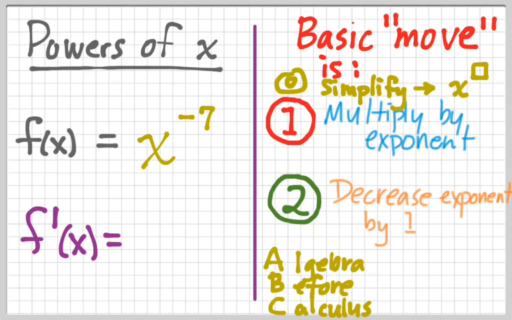And what is the derivative of x to the minus 7 according to the basic rule? Very good. Negative 7x to the negative 8. Negative 7 in red, x to the negative 8. All right, so that was one example of a power in disguise. Here's another example of a power in disguise.